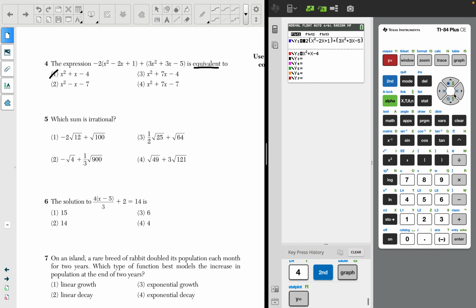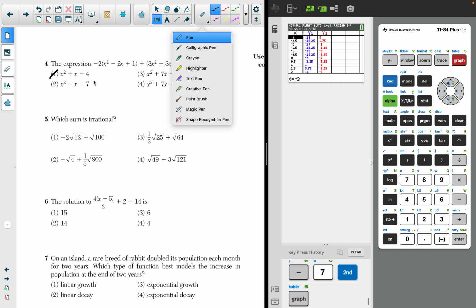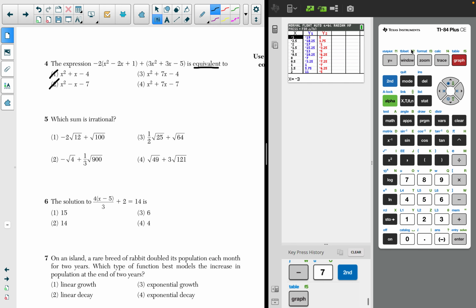So let's do that again. Go to the second Y2, and we're gonna put in the next answer choice. And again, the number is not the same. We can cross off that answer too.